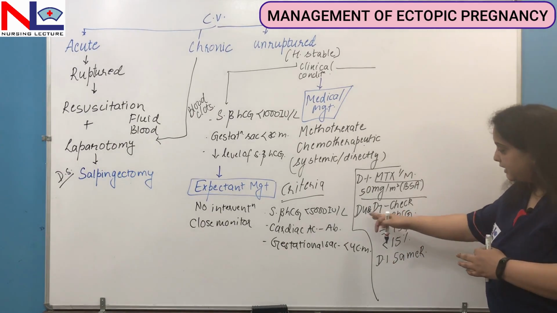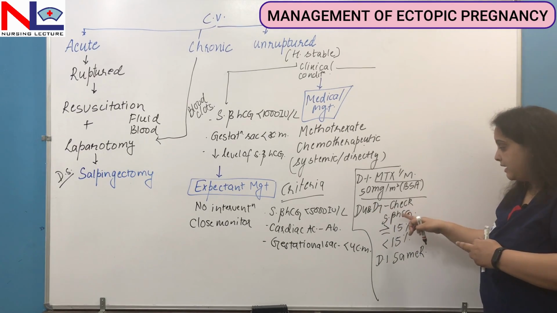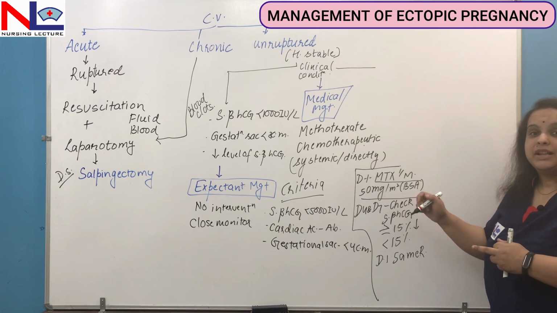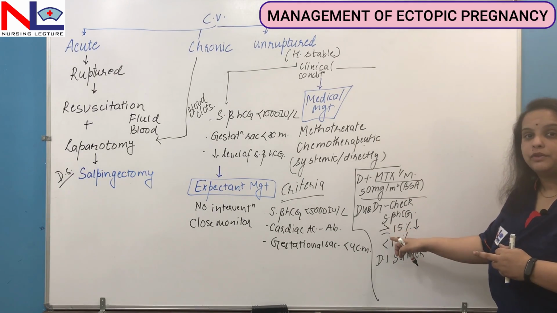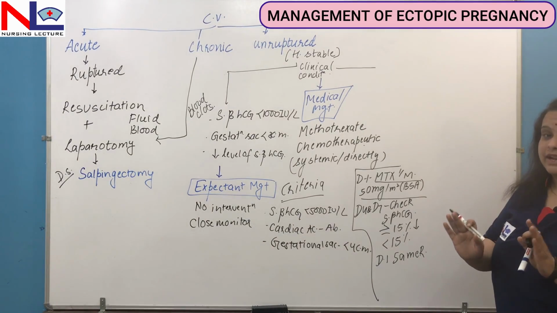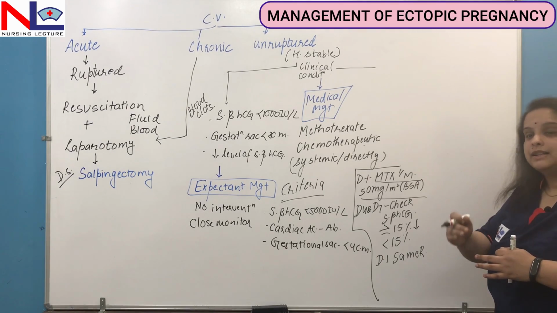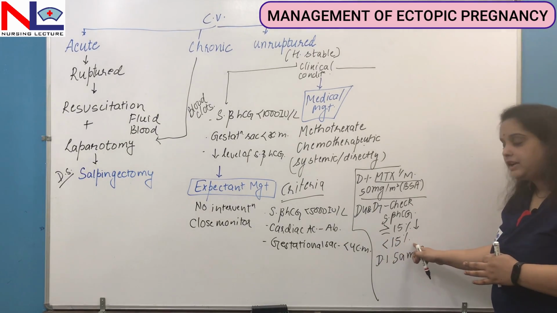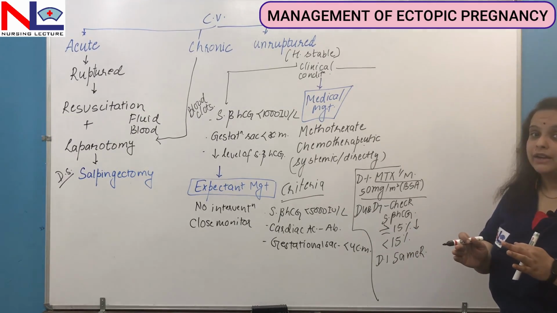After that, in the same manner, we check on day 4 and 7 whether the serum beta HCG is declining or not. If it is declining by more than or equal to 15%, then we can assure that it is working. But suppose it is still not declining, with less than 15% decline in serum beta HCG, then what can we do?